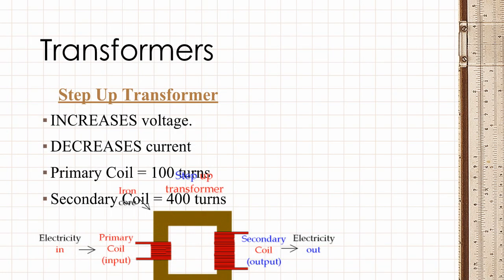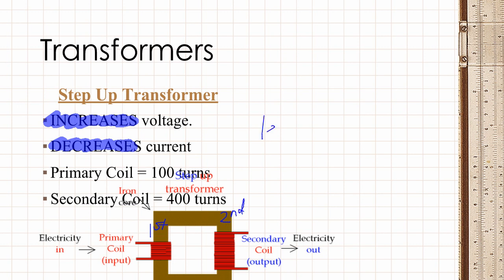A step-up transformer increases voltage and decreases current. The primary coil is going to have 100 turns, and the secondary coil is going to have 400 turns. So we have, in the first one, less than the second one.